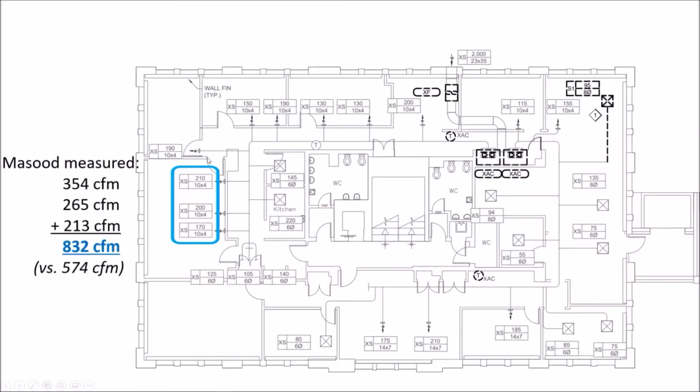So one of our fellow hygienists in the clinic, Masood Ahmed, actually went in and he measured what it was. So here on the drawings, we have 210, 200, and 170 CFM coming into this room through 10 by 4 registers. And when he measured it, he got 832 CFM versus 574 that they had.